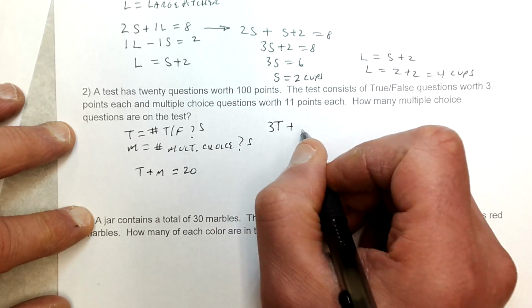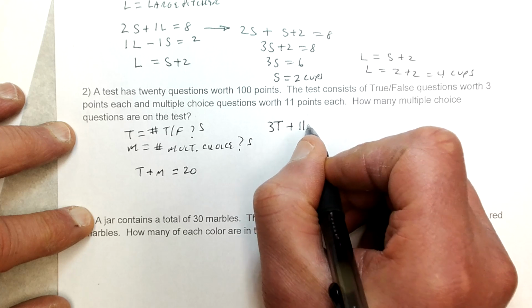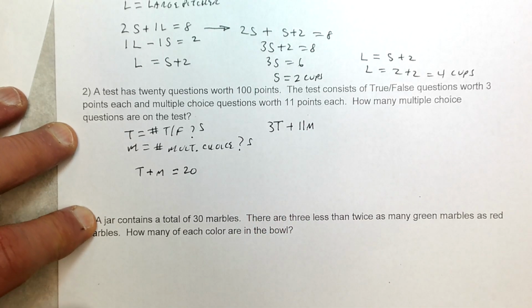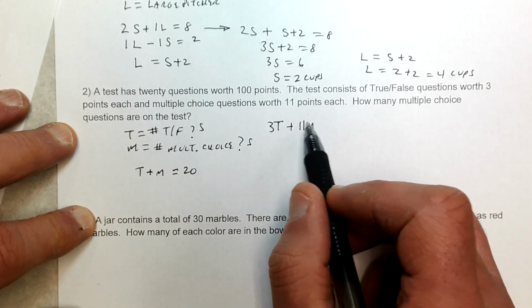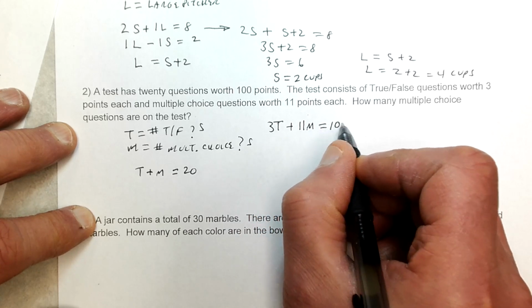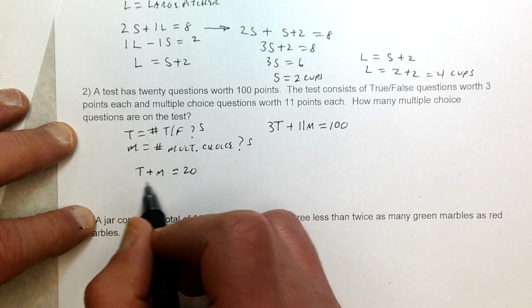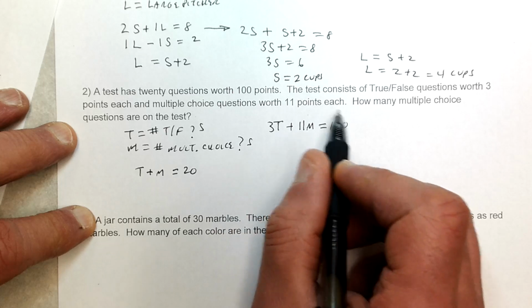Plus, if every multiple choice question is worth 11, I can multiply 11 times M, the number of multiple choice questions, and that would be the points associated with multiple choice questions. When you add all those points together, you should get the 100. So now I have two equations: this one from quantity, 20 questions, and this one from value, 100 points.